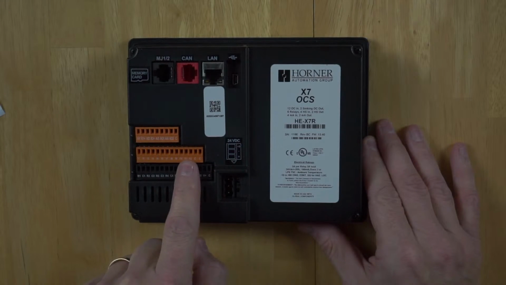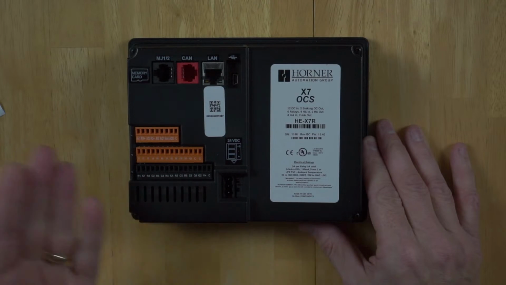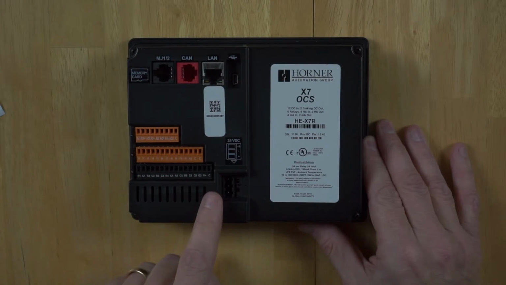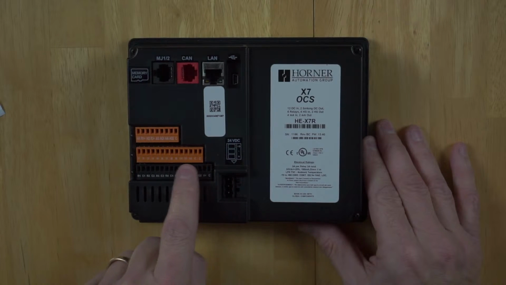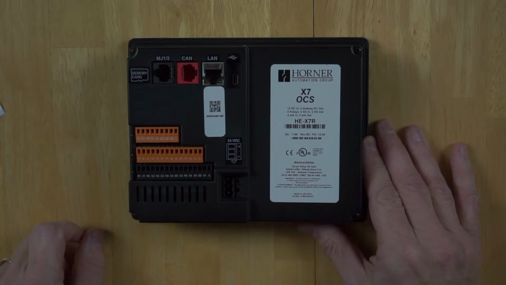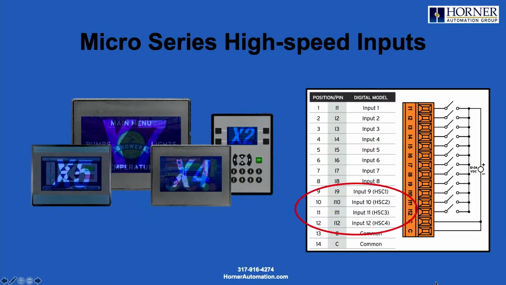In the case of the X7, which is what this is, as well as the X4 and the upcoming X10, it's these last 4 digital inputs, I9 through I12, which are the high-speed capable ones. So that's something to keep in mind: depending on the product you're using, it may be a different point in the terminal strip where you need to connect your high-speed signals, including encoders.